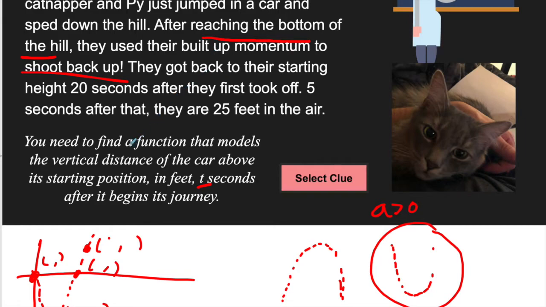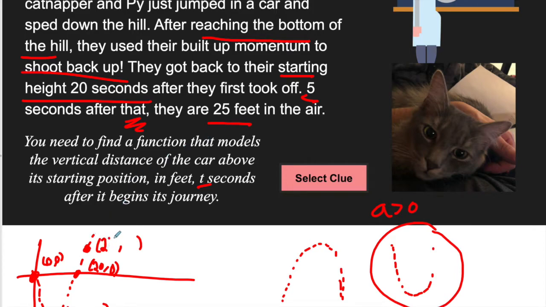So, in the very beginning, before they take off, we know that no time has passed and that they've not gone anywhere. So 0, 0 has to be a point on this graph. We know that they got back to their starting height 20 seconds after they first took off. We know that 5 seconds after that, they're at 25 feet in the air.